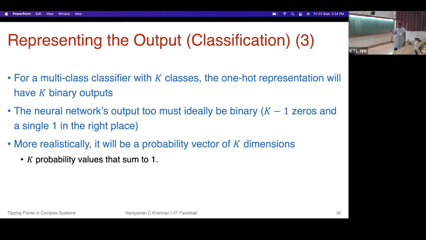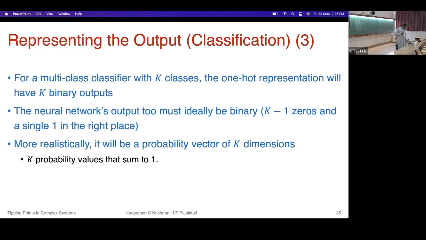So if there are k outputs, ideally, as you were saying, it's sufficient to have k minus 1. But for completeness sake, we'll just go with k. We ideally want k minus 1 places to have zeros and one place to have 1, or all should sum up to 1, right? So more realistically, it will be a probability vector of k dimensions, and the k probability values sum up to 1.